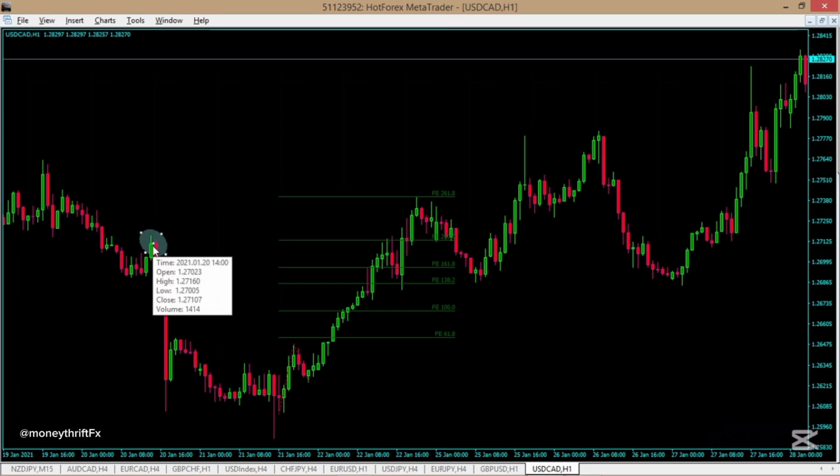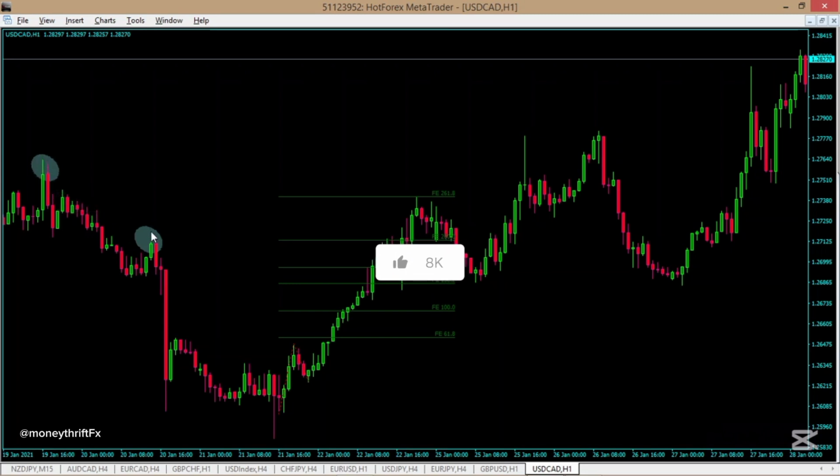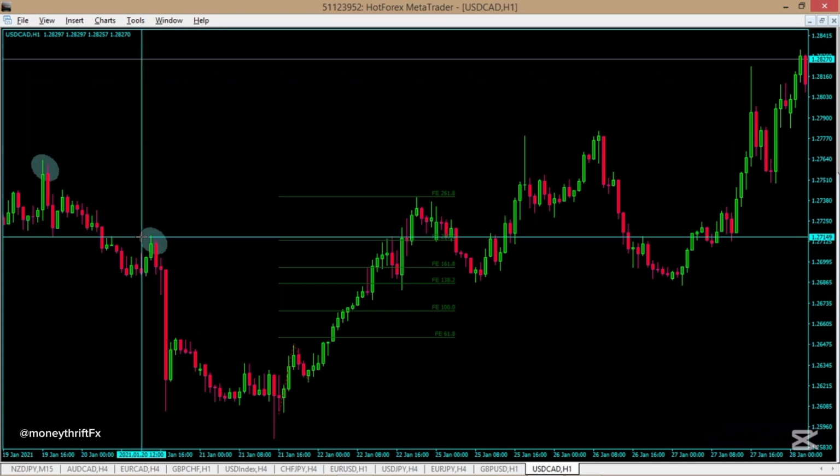The second one is this one up here. That's the second resistance. So what I'm looking to do here is to combine the indicators with my resistance points. I'm not looking to take my profits exactly at the top of the resistance.